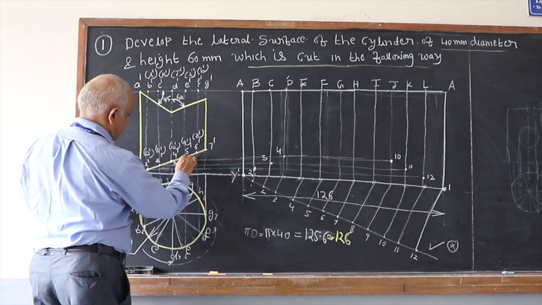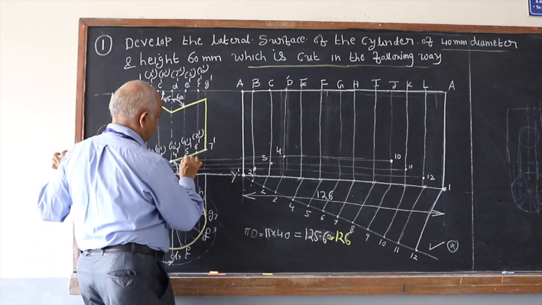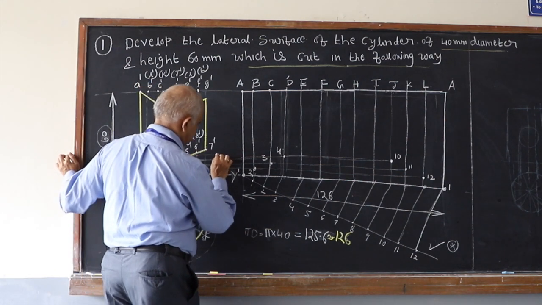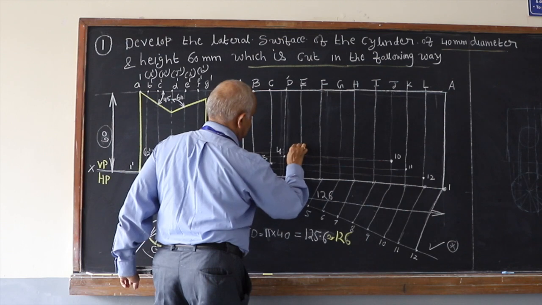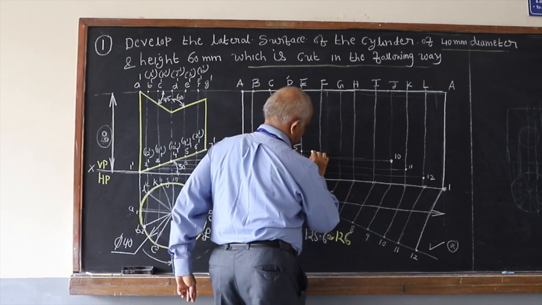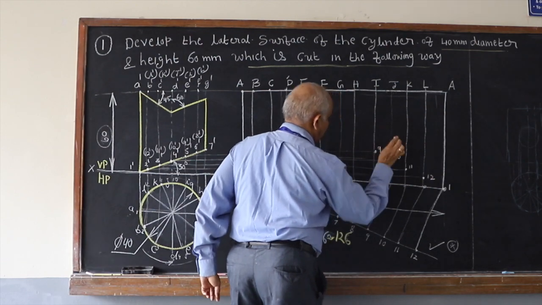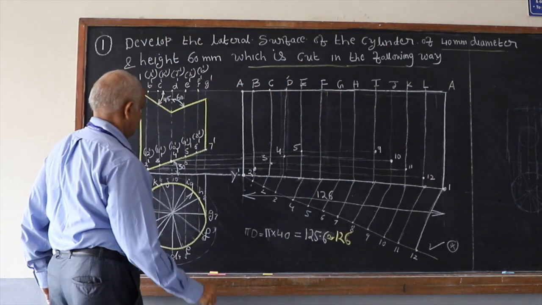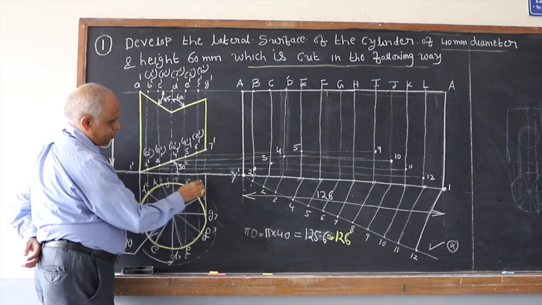And 5 and 9 are, remember, on E generator and I generator. So 5 is on E generator and 9 is on the generator through I. 6 and 8 are on F and H generator.